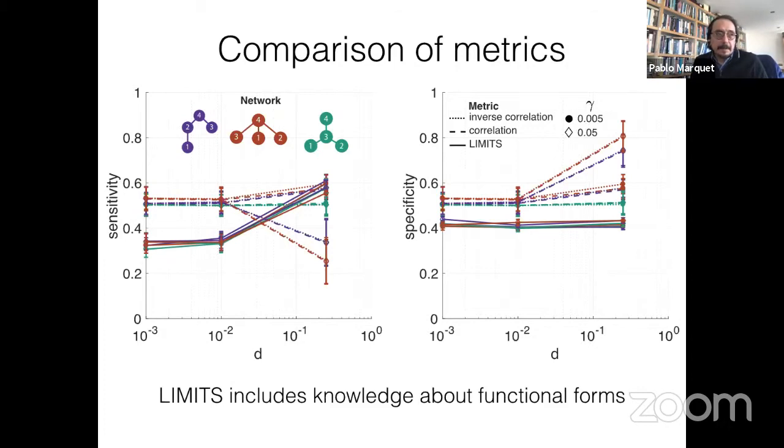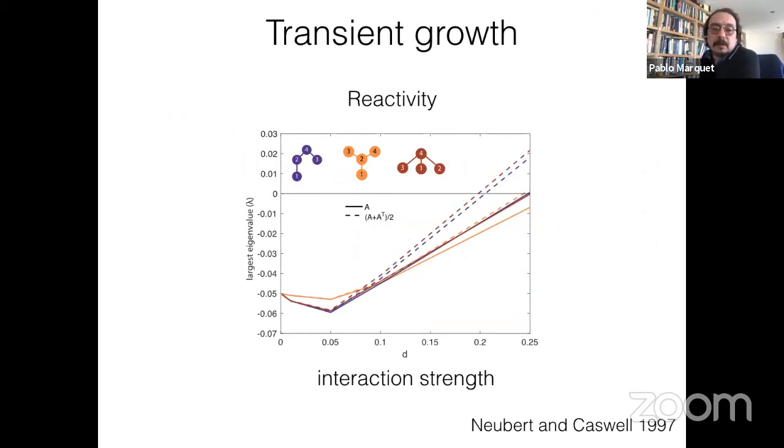And part of the problem is associated with the fact that these time series have a long transient, and you can understand a little bit about that by analyzing the interaction matrix, computing something called the reactivity, which is associated with the largest eigenvalue of the matrices.